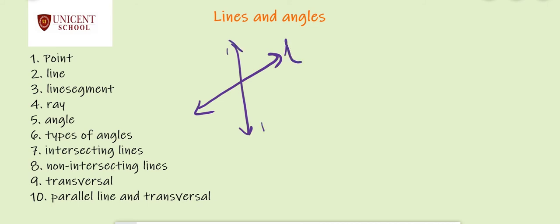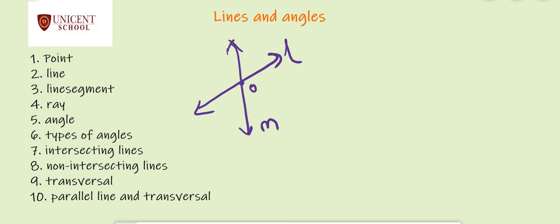Line L and line M. And these two are intersecting, means they meet at one common point, or they are crossing each other at a point, and we'll name it as O.